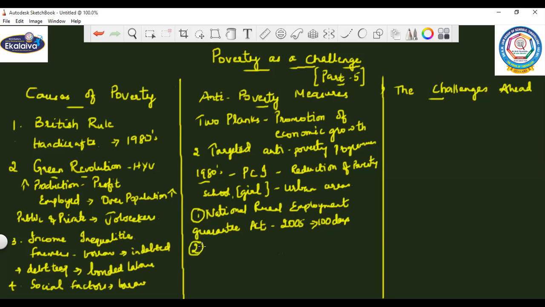Secondly, Prime Minister Rozgar Yojana. Okay, what do you mean by Prime Minister Rozgar Yojana? It was started in the year 1993. Right, children?